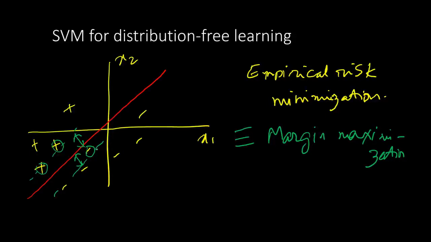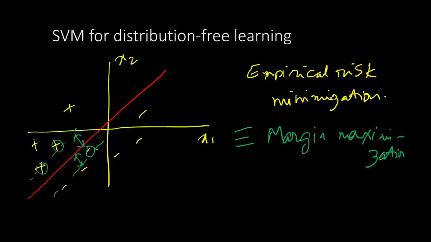So if I slightly perturb this red line, it will either go closer to one side or the other, or to both sides. So it will not be the margin maximizing hyperplane. Now compare this to perceptron, where we did not have a unique solution as long as we could have a correct classification. Here we will have a unique solution, and that can be shown by showing that this is a convex problem, which we'll come to in a bit.